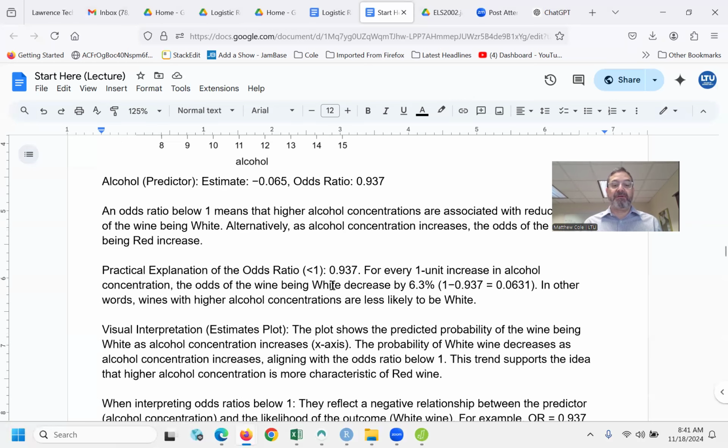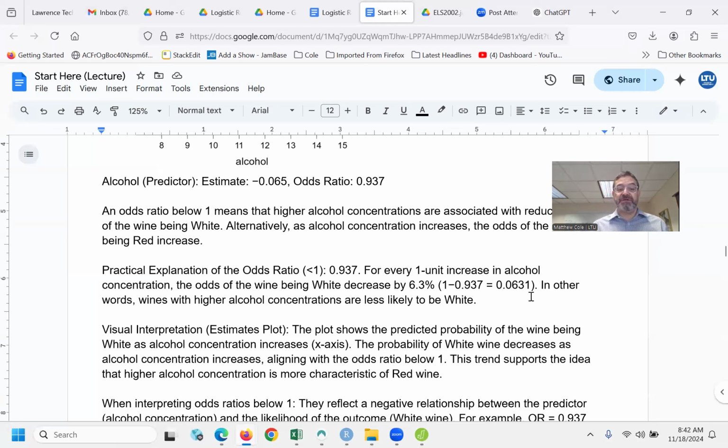So this 0.937 odds ratio means for every 1 unit increase in alcohol concentration, the odds of the wine being white decrease by 6.3%. We've simply calculated that because 1 is 100%, and 1 minus 0.937 leaves us with 6.3%.